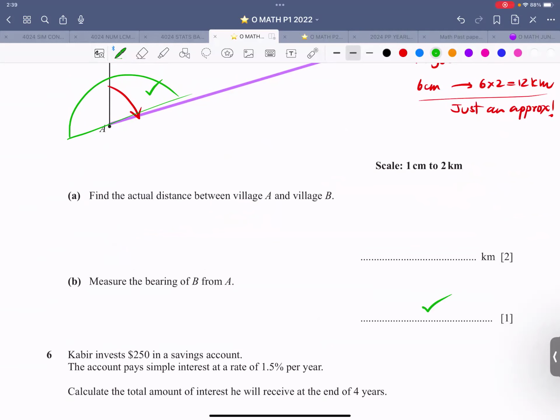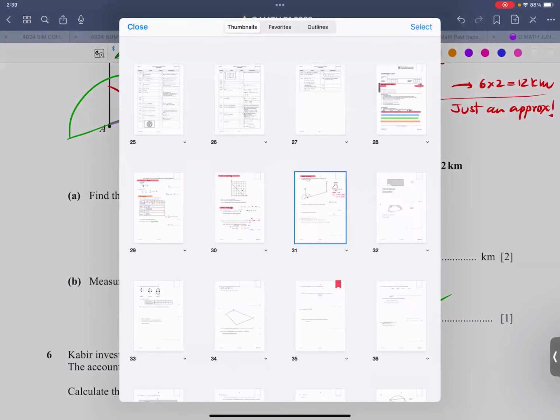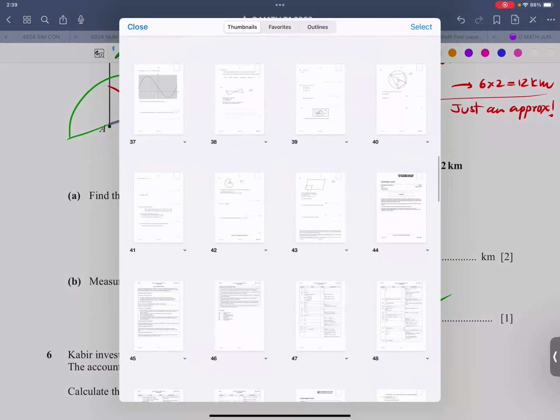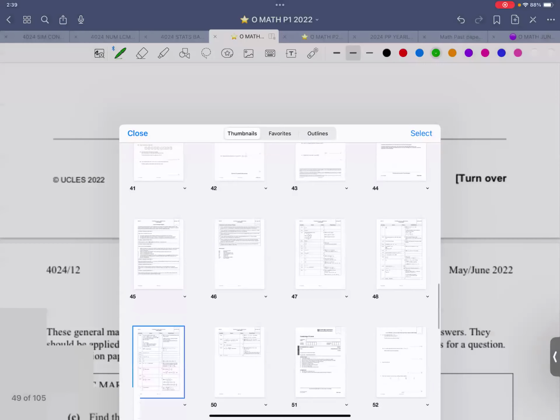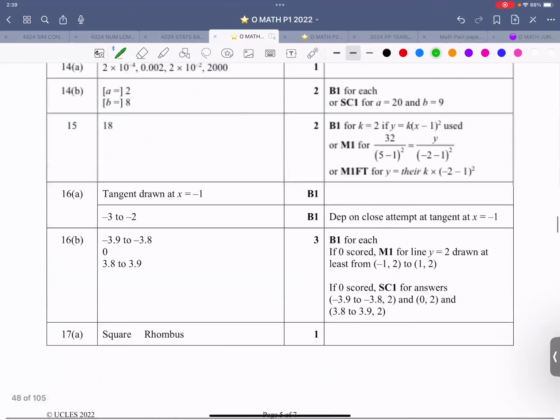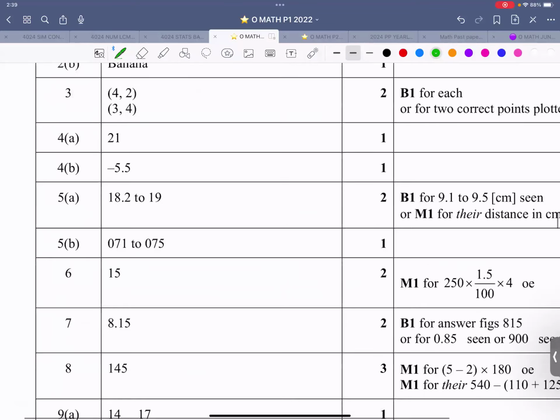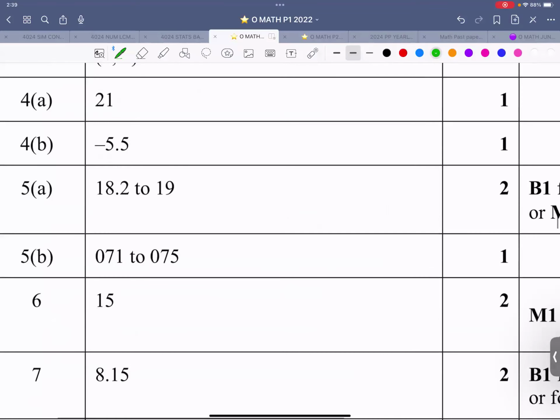Now let me go to the mark scheme and have a look. This is question number 5, I think. And these are the answers. 18.2 to 19, that means the distance might be around 8.5 centimeters.